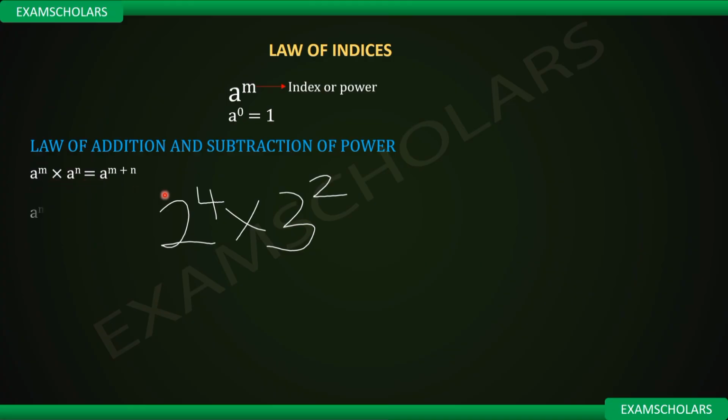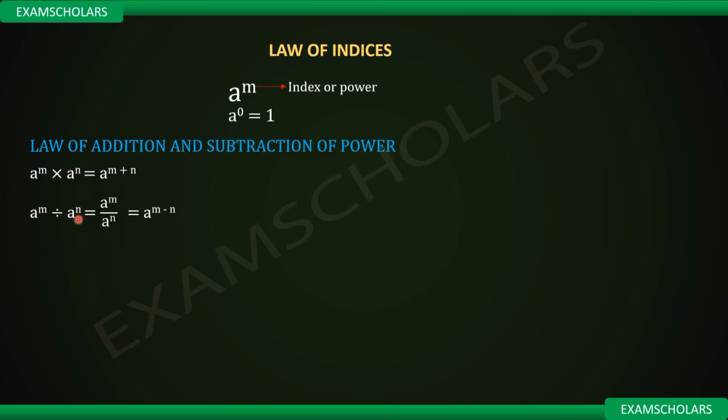Now, the next one, a raised to power m divided by a raised to power n. You know, division also means over, isn't it? So you have a raised to power m over, or divided by, a raised to power n, and that will give you a raised to power m minus n.